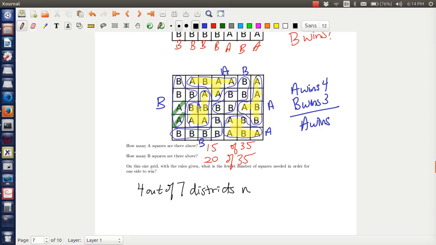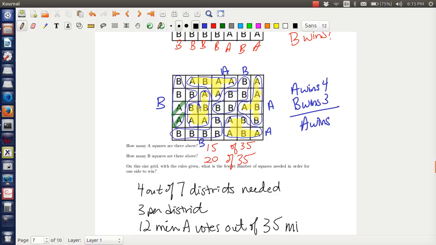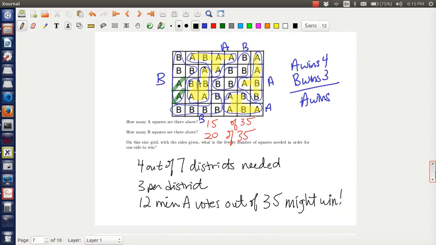And each district, you need 3 per district. So 12 minimum A votes out of 35 might win. That's ridiculous. Okay, but that's the way it works.